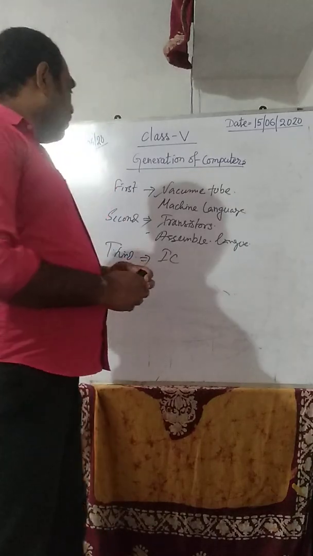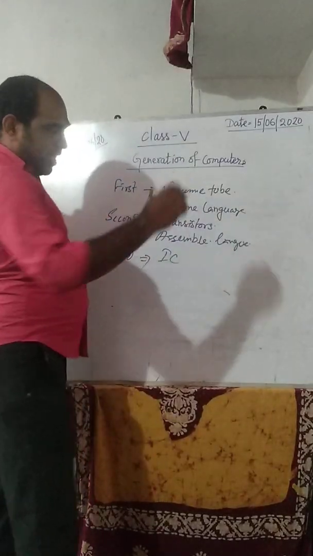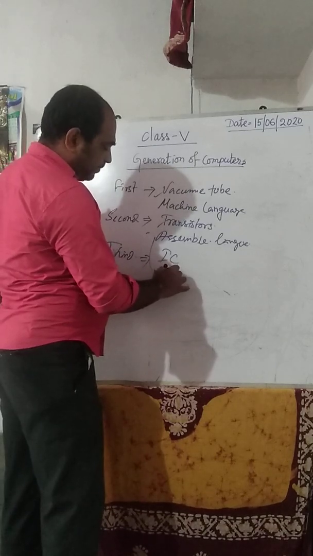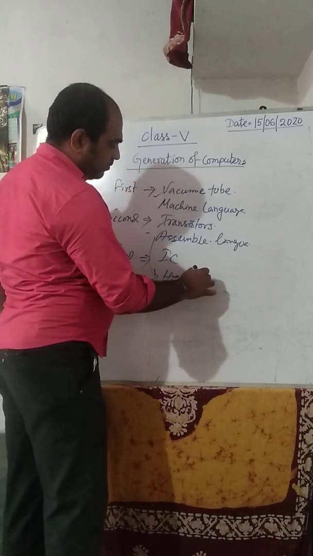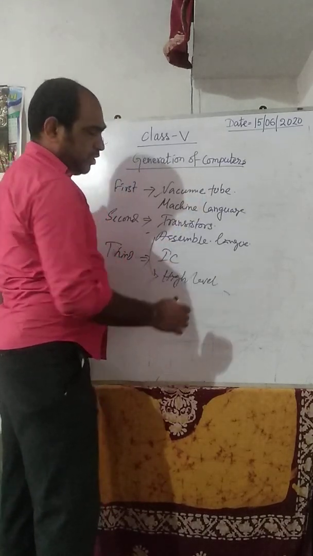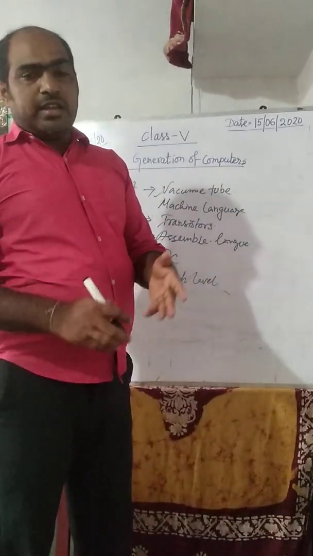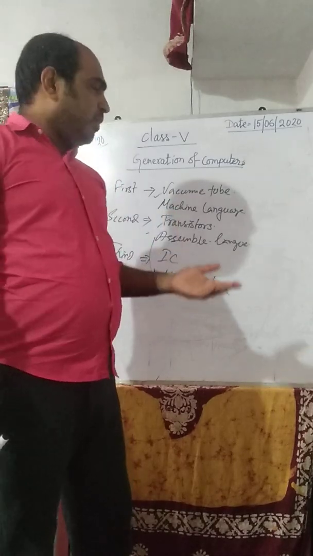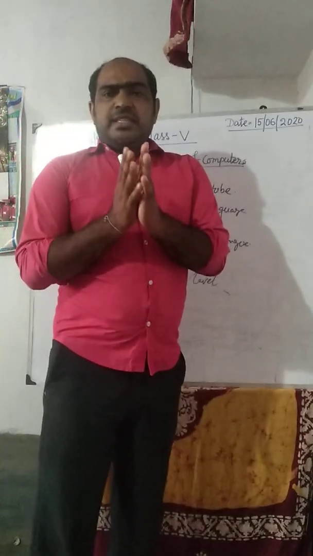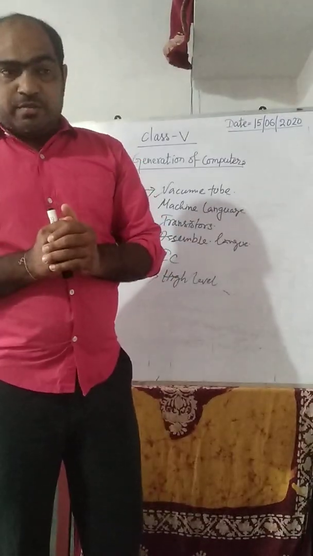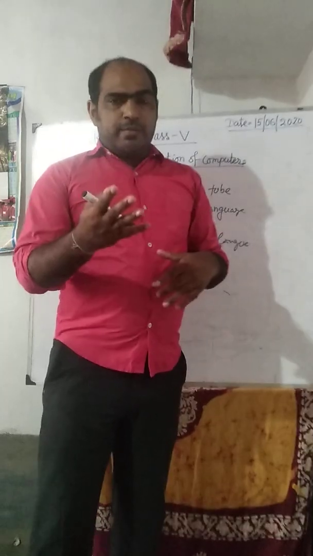Now the question is coming, sir, what language did they use? The high level language. What are high level and low level languages? This is one kind of language, whatever we give, the computer accepts.